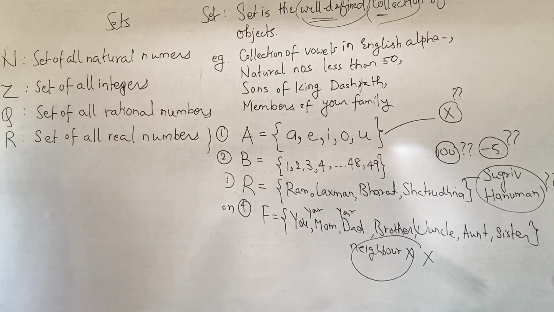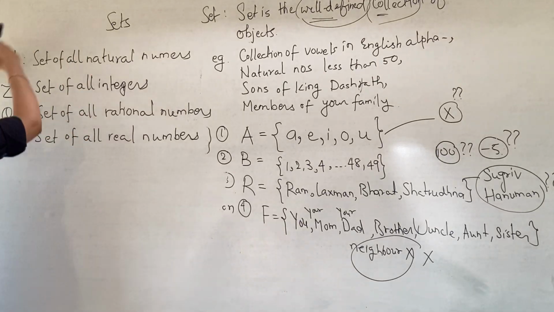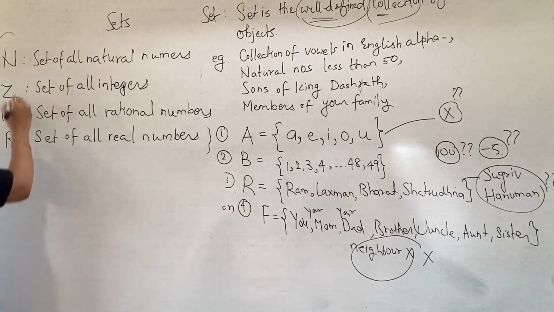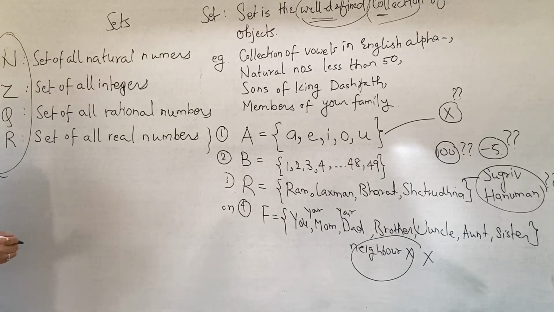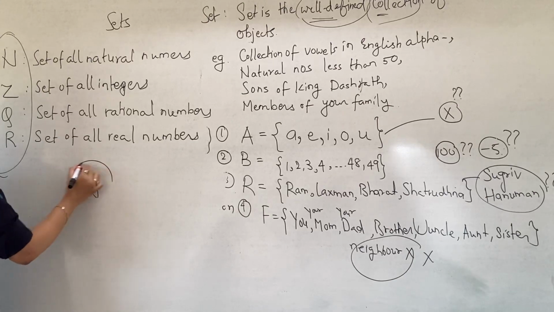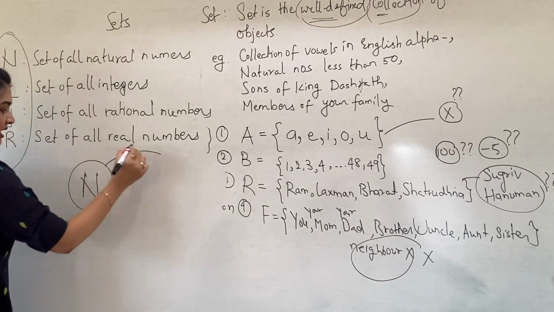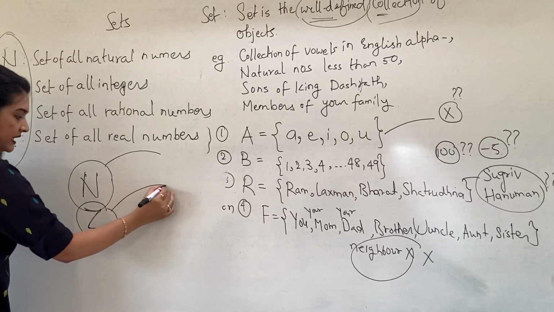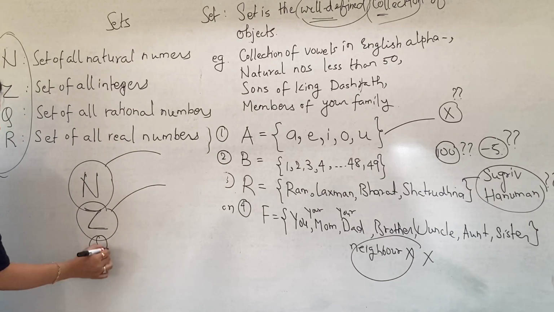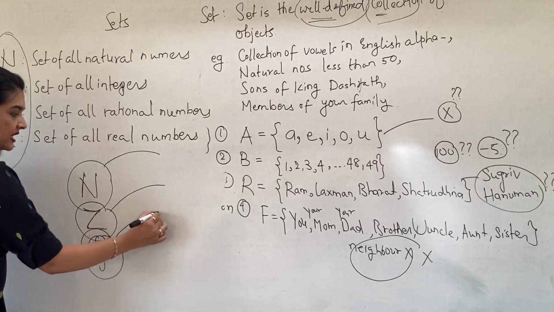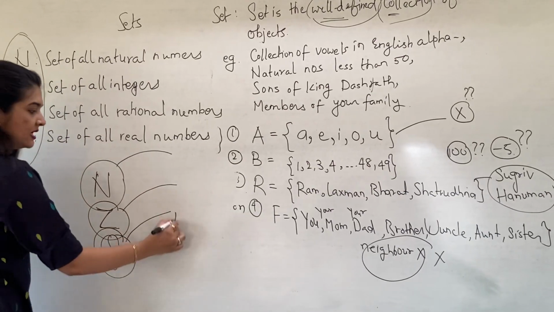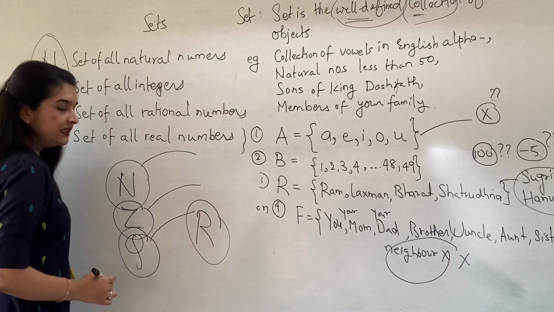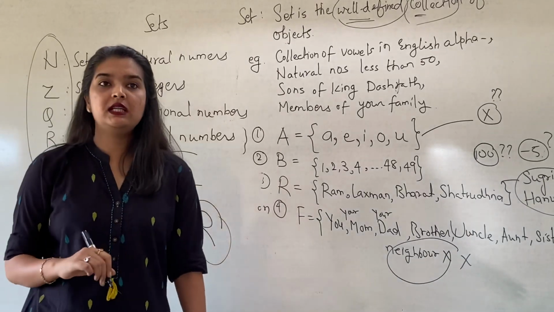So we have reserved these many letters. So when anybody says capital N, then this is nothing but the set of all natural numbers. If anybody asks what is Z, then Z is nothing but the set of all integers. If anybody asks what is Q, then Q is nothing but the set of rational numbers, and R is nothing but the set of real numbers.